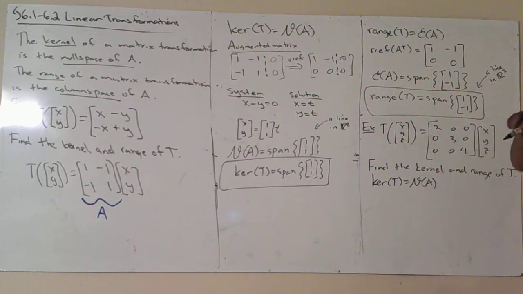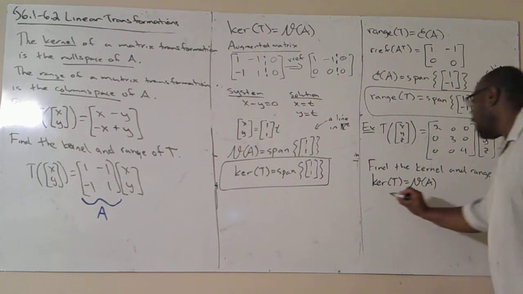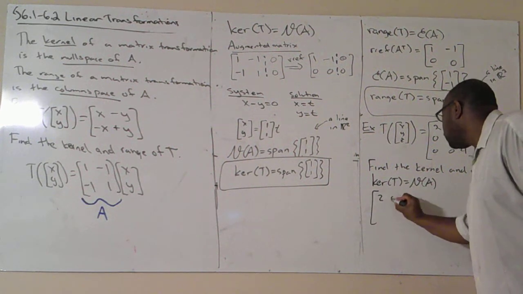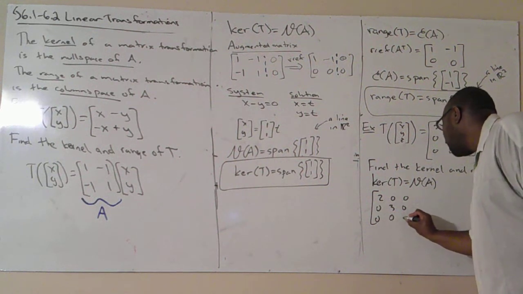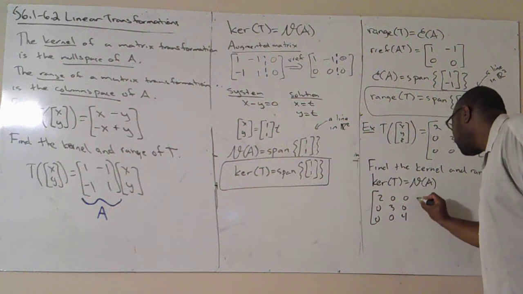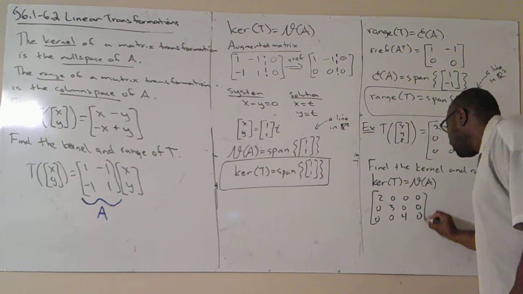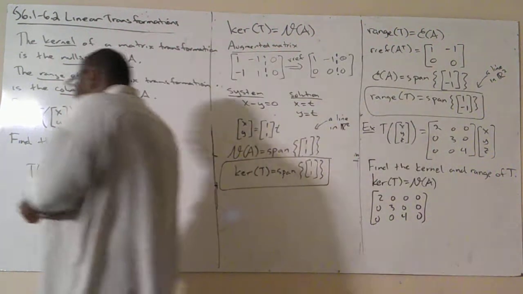And here, when we do this one, I'm going to have 2, 0, 0, 0, 3, 0, 0, 0, 4, 0, 0, 0. I have an augmented matrix form here.